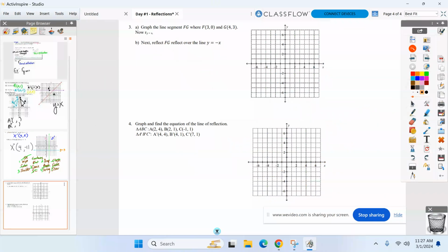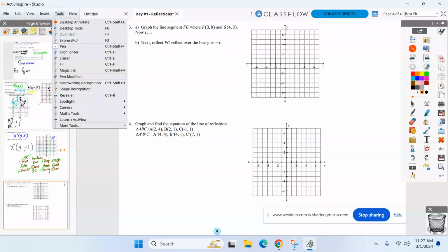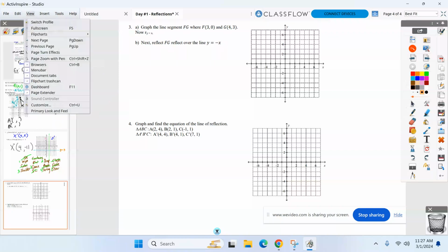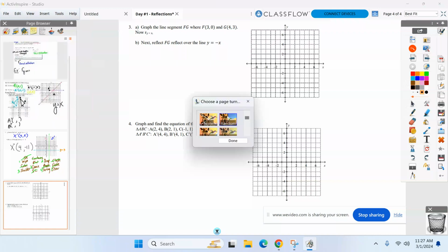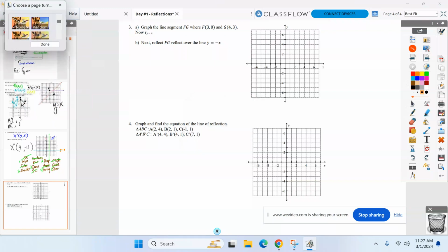Baloney. All right, let's go. He's gaslighting us. Where is it? Where's my slide transitions? I know, it's page turn effects. There it goes. That's pretty small, huh? How do I make that bigger?